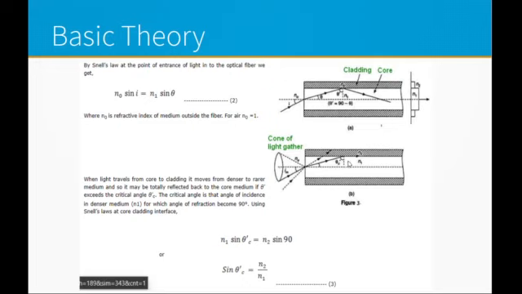At that point the incidence angle is known as the critical angle. So the critical angle is basically the angle of incidence in the denser medium such that the angle of refraction becomes 90 degrees in the second medium. Considering that condition, I get this equation using Snell's law. So my sine theta dash becomes n2 by n1.